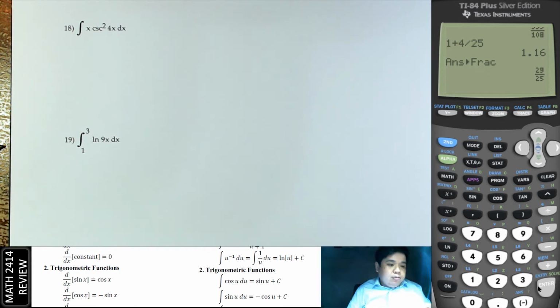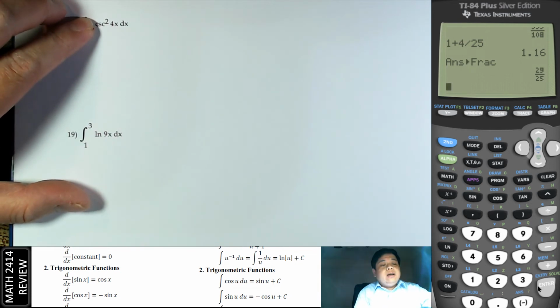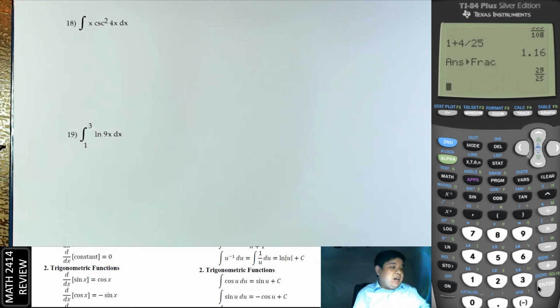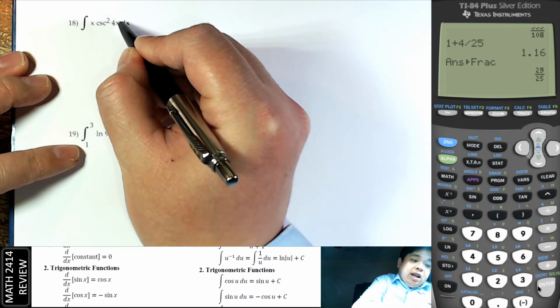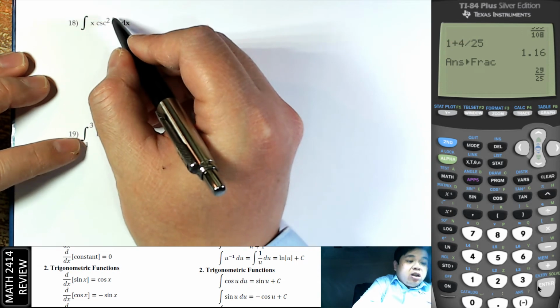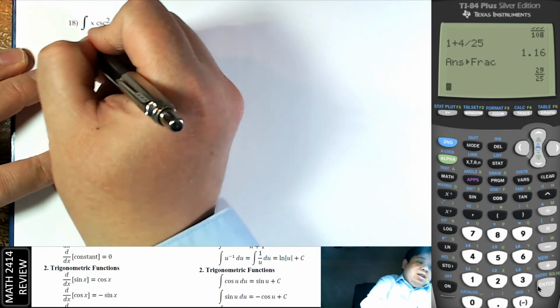Right, next we have this. Once again, if this is cosecant squared, we can integrate that. But there's x in the way. So again, this will be integration by parts. If this is 4x squared, then yes, this is substitution, but it's not. Substitution will not simplify this x.